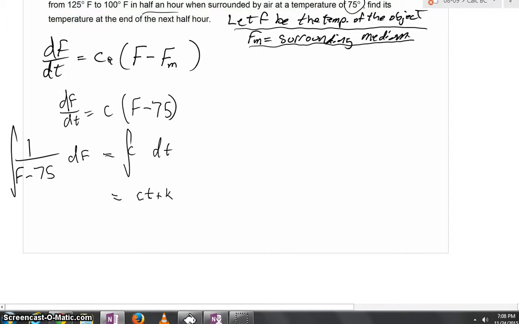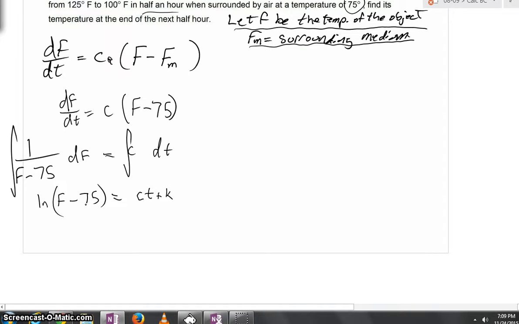If I just gave you 1 over F, you would guess that we'd have the natural log of F, or perhaps the absolute value of F if we needed to worry about that being positive. I'd like to encourage you to think that this antiderivative would just be the natural log of F minus 75.